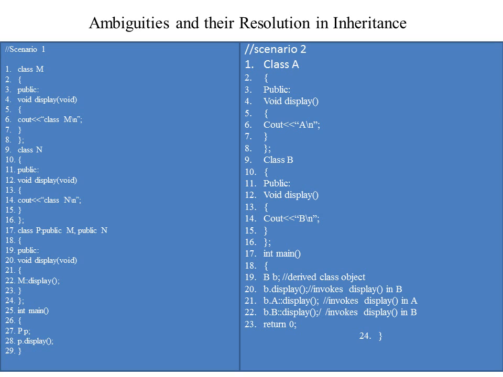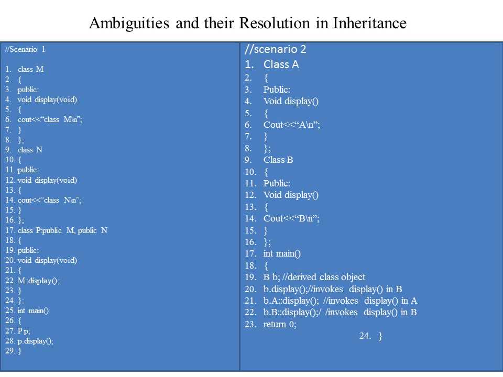Line number 22 in the left part of the screen is resolving the issue of ambiguity. Ambiguity means possibility of doubt, possibility of error. In line number 22, we are directly defining the display function that we want to execute. Which display function, M's display function or N's display function?